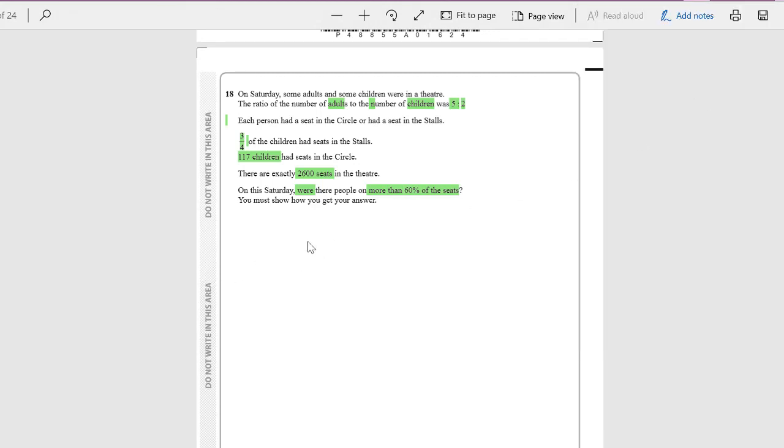So we know that 5 plus 2 gives us 7. So there's 7 parts to this, 5 and 2 from the ratio. That means 5/7 were adults, and then 2/7 were children.